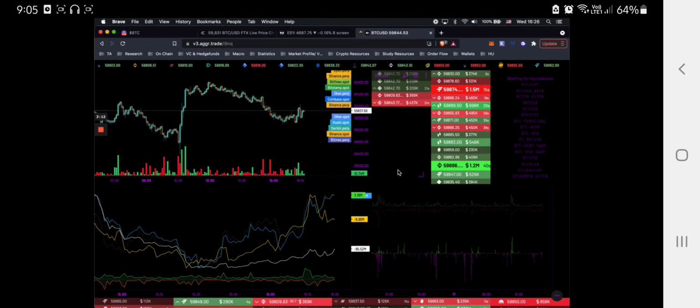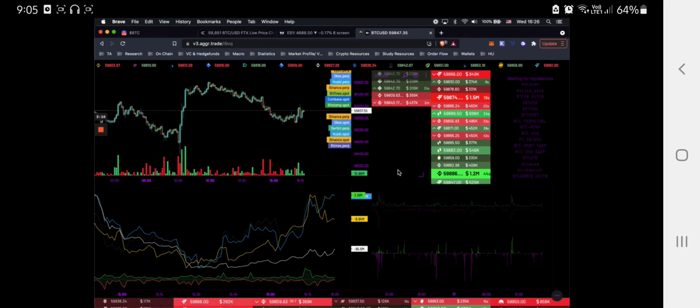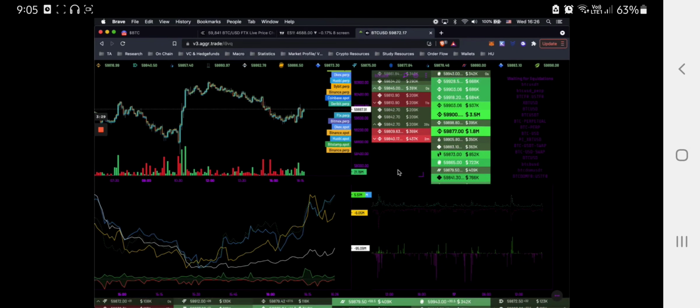Well, if you're a scalper or day trader, it's very important to understand not just how the markets are moving, but also why, who's moving them. So what exchanges are particularly busy, what exchanges are quiet, and what can you glean from that? What does that mean?